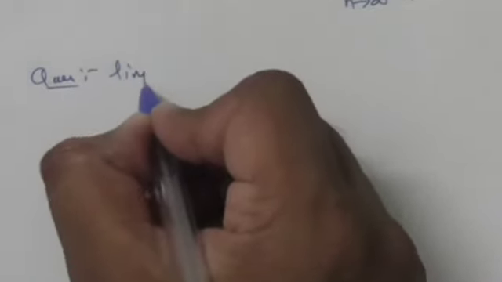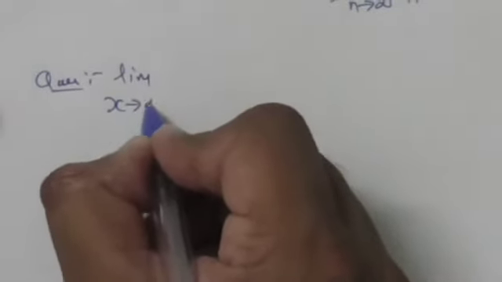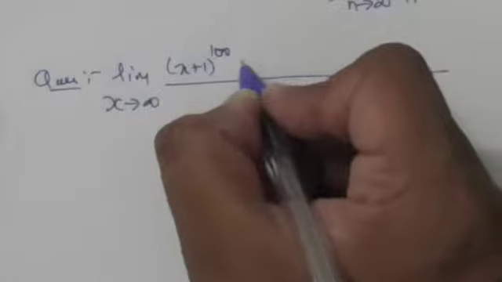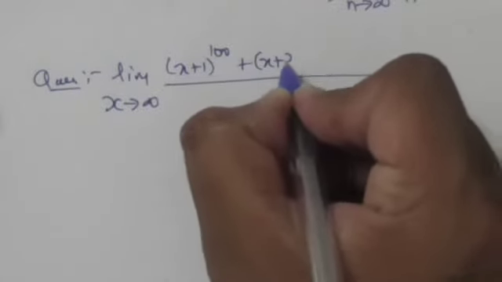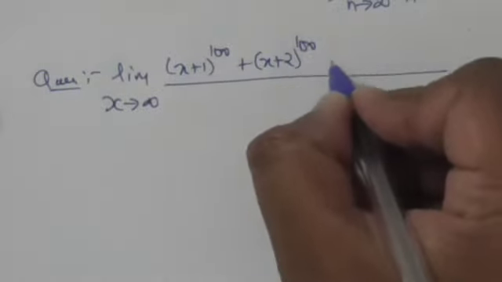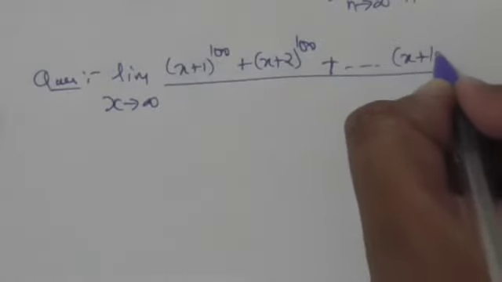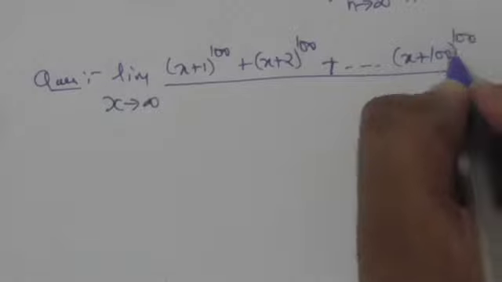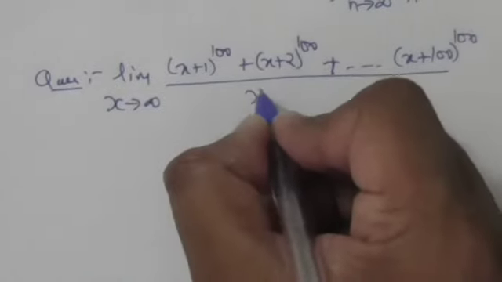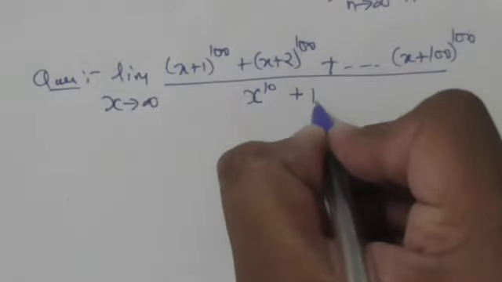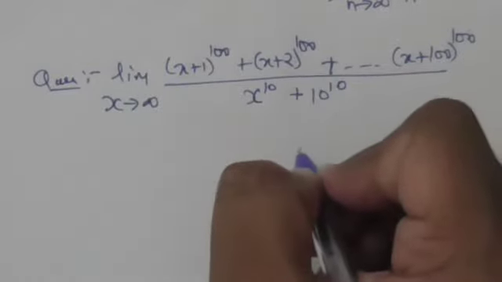Limit x tends to infinity x plus 1 raised to power 100 plus x plus 2 raised to power 100 plus so on x plus 100 raised to power 100 upon x raised to power 10 plus 10 raised to power 10.